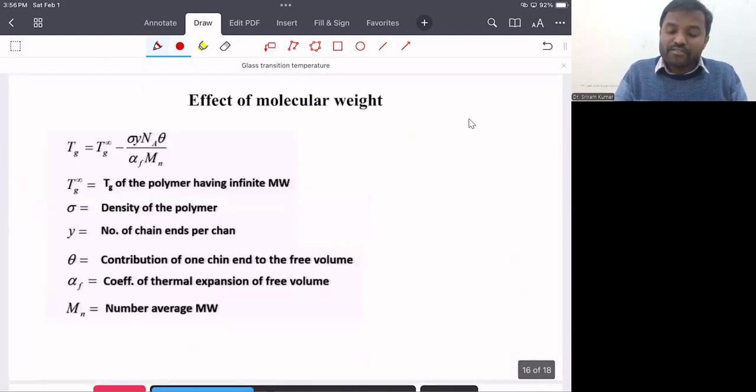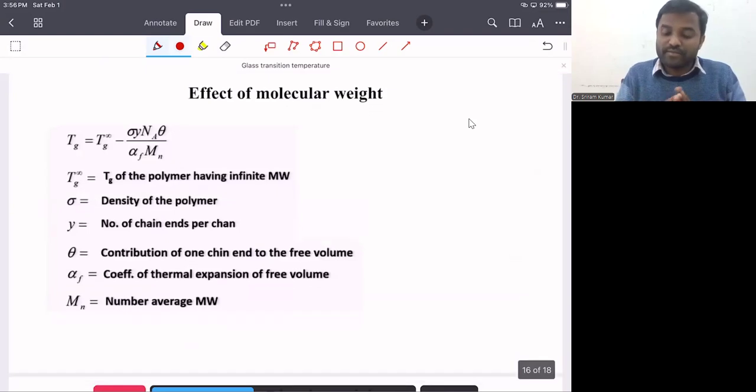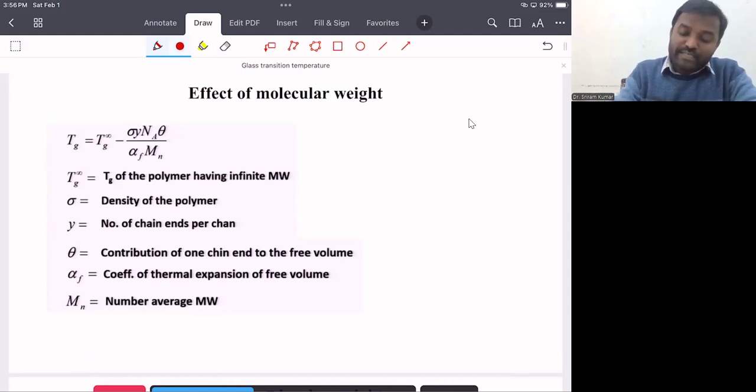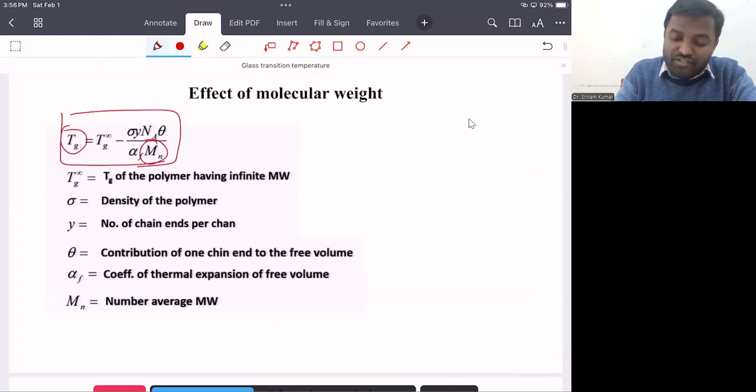And we have another very important factor, that is the molecular weight of the polymer. Using this equation, we can understand the effect of molecular weight on the glass transition temperature. So here this glass transition temperature is equal to Tg infinite.